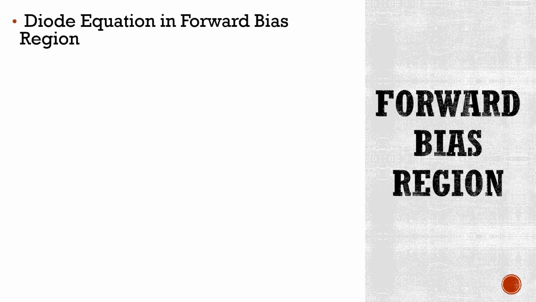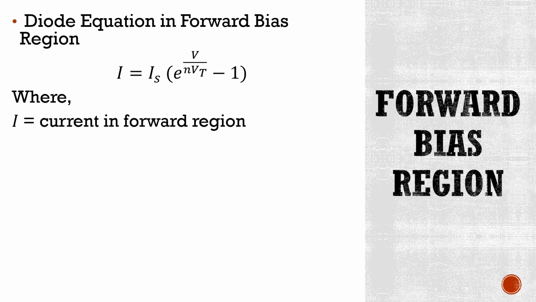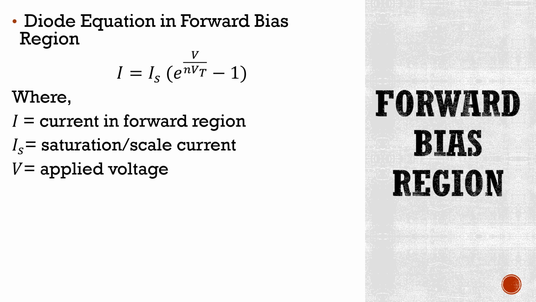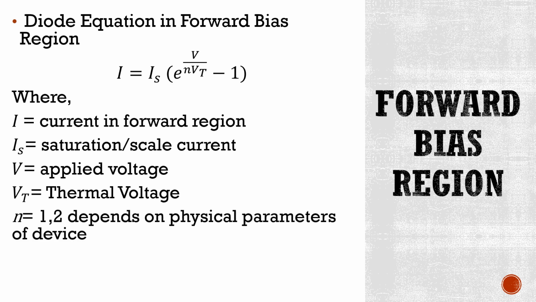First, we will look at the diode equation in forward bias region. This is the equation of diode in forward bias region, where I is current in forward region, Is is saturation or scale current, V is applied voltage, Vt is thermal voltage, and the constant n has a value between 1 and 2, which depends on physical parameters of the device.